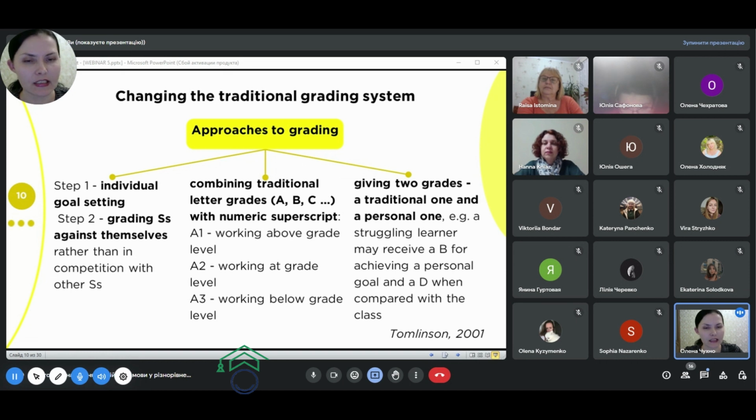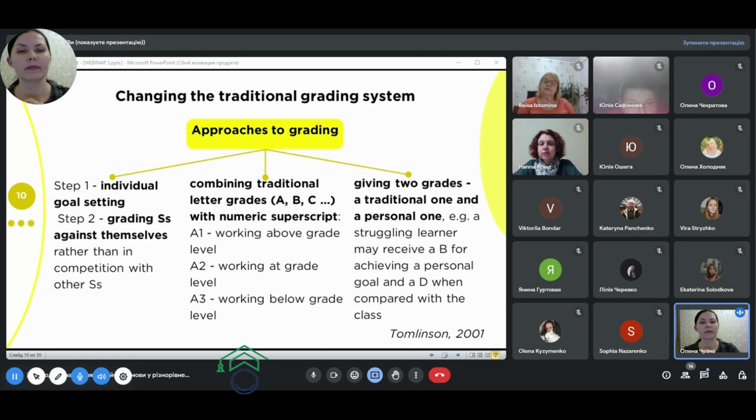So in this case, if you inform parents and maybe administration, if you tell them what grades your students are given at each lesson, then they will understand that their children are working really hard. They have made some progress, and they receive B. But in comparison with the other students in class, they receive D.